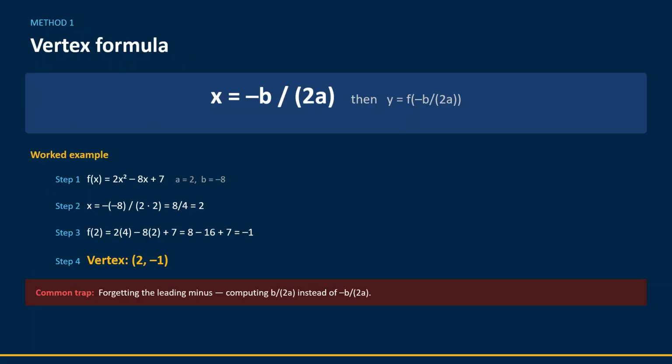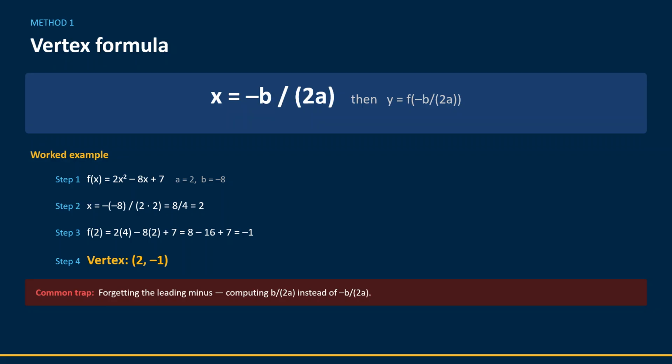Method 1. The x-coordinate of the vertex is x equals negative b over 2a. To get the y-coordinate, plug that x back into f. Worked example. For f of x equals 2x squared minus 8x plus 7, identify a equals 2 and b equals negative 8.